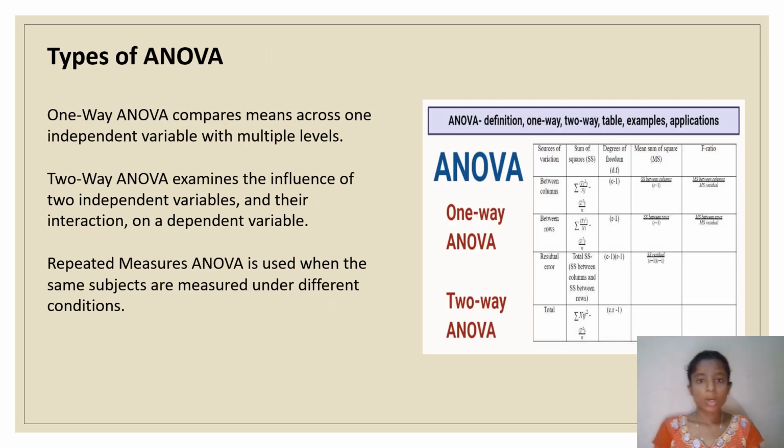Types of ANOVA. One-way ANOVA compares means across one independent variable with multiple levels. Two-way ANOVA examines the influence of two independent variables and their interaction on a dependent variable. One-way ANOVA has between-group and within-group variation, and two-way ANOVA also has a residual error.